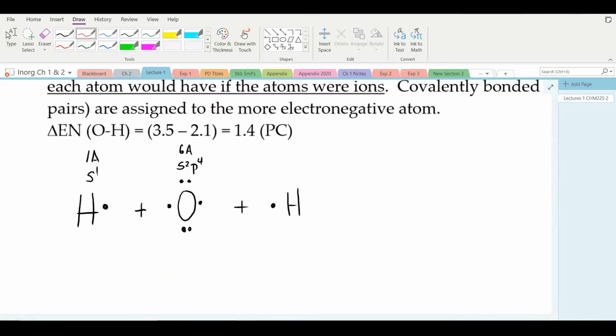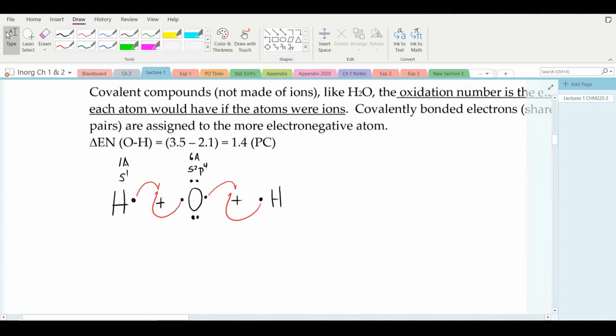To show the sharing of electrons, I'm going to say one electron from here comes over and joins that one from here to here. Oxygen would like to have 8 electrons in the valence shell to be like the nearest noble gas, neon. Hydrogen would like to have 2 electrons in the valence shell to be like its nearest noble gas, helium, but neither can take electrons from the other, so we draw a covalent bond like this. We show the Lewis structure of water as being H-O-H.